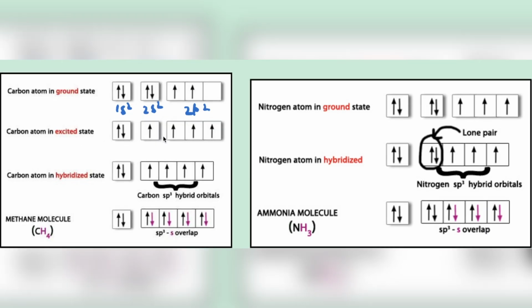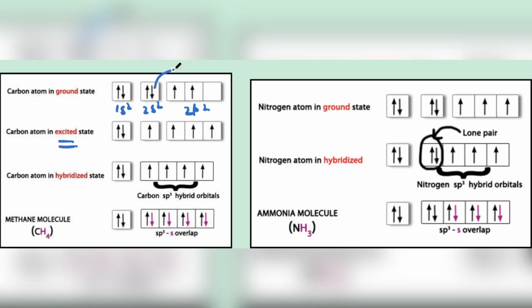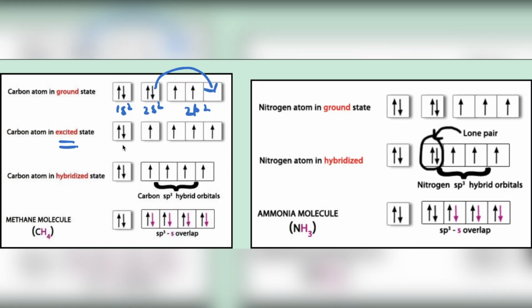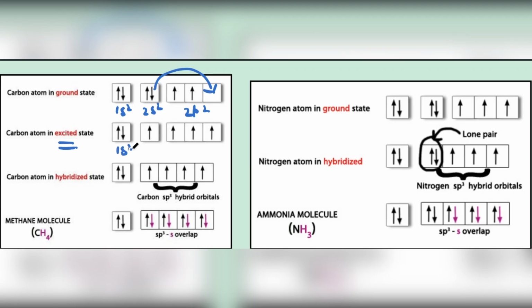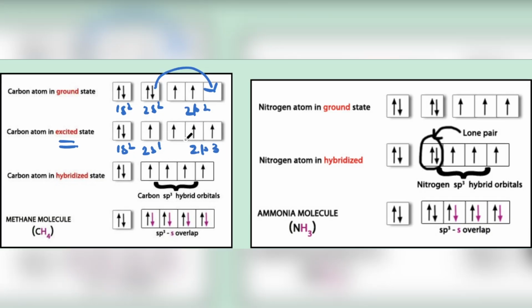In the excited state, one 2s electron jumps to 2p orbital, and the configuration becomes 1s2, 2s1 and 2p3. So here we can see there are 4 unpaired electrons.